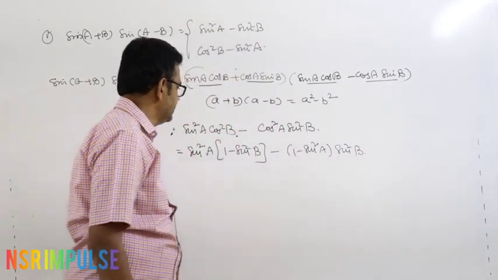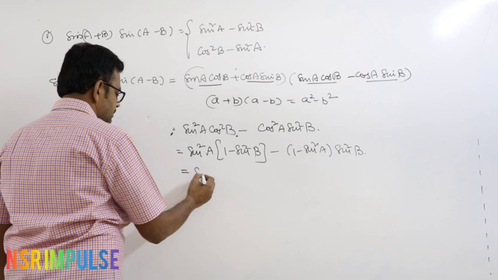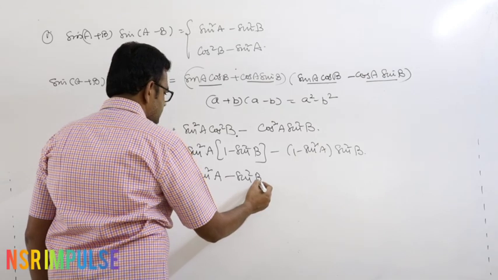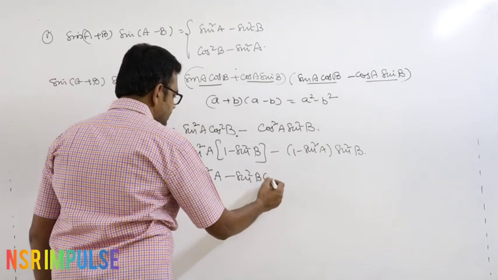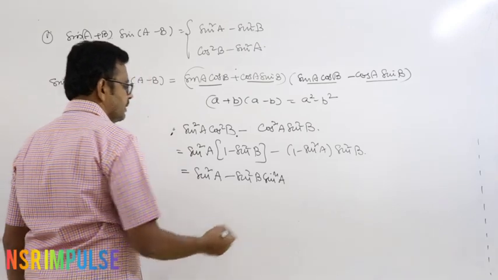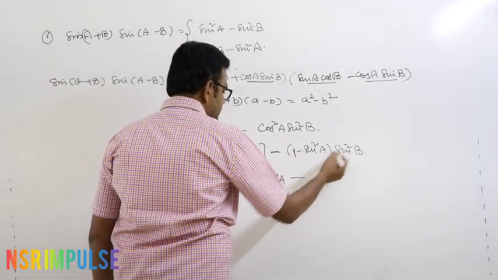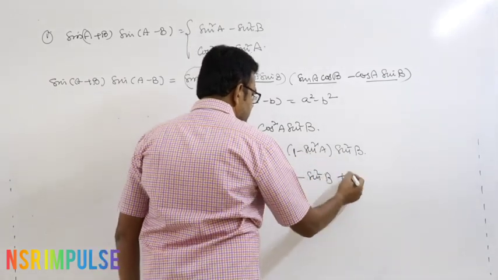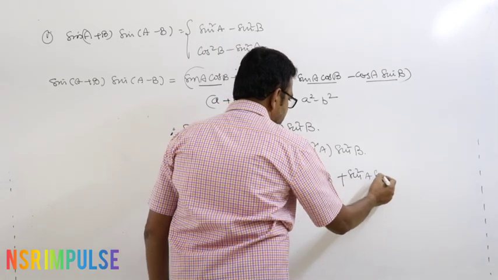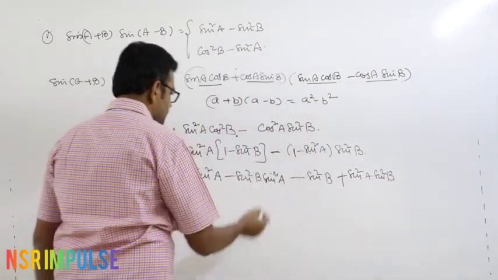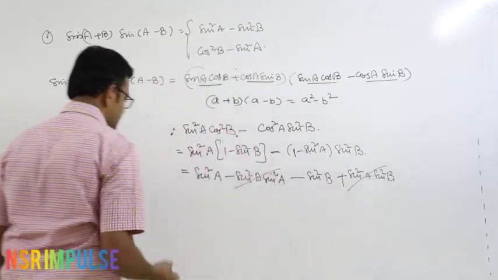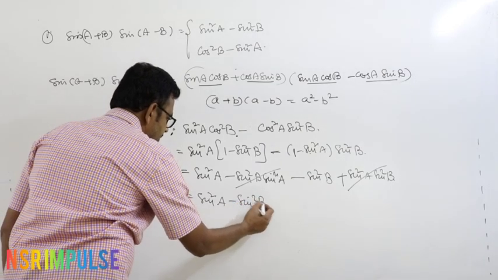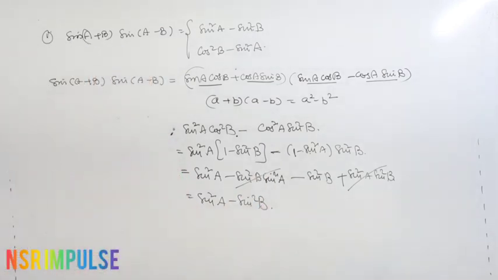Multiplying out, sin square a minus sin square a sin square b, minus sin square b plus sin square a sin square b. These get cancelled, so that is equal to sin square a minus sin square b.